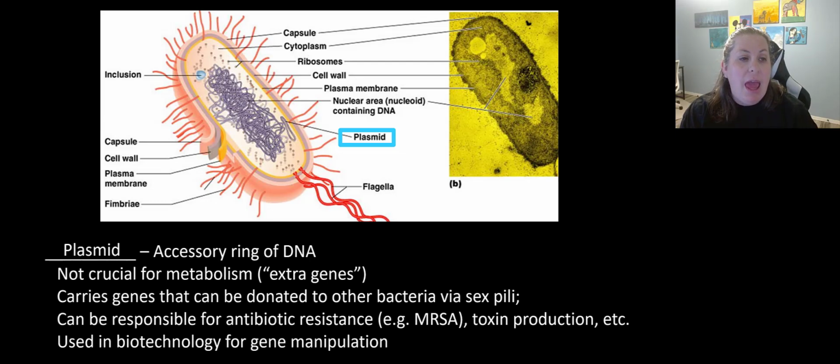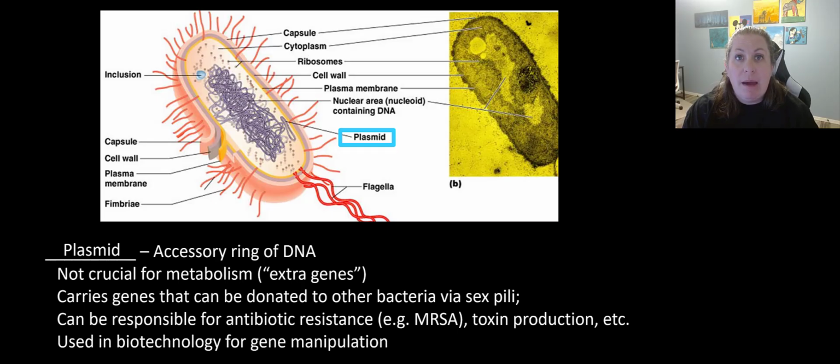And we do use these plasmids a lot of times in biotechnology. We use them for gene manipulation. When we want a cell to take in that extra DNA, we use a plasmid to do it. One example is a plasmid that has the information that codes for human insulin. It's the code for how to make insulin.